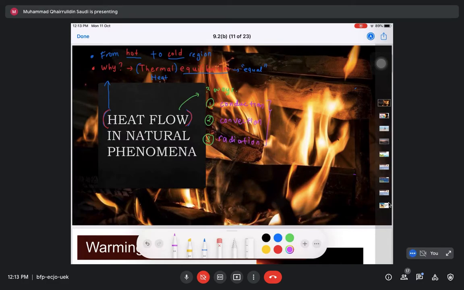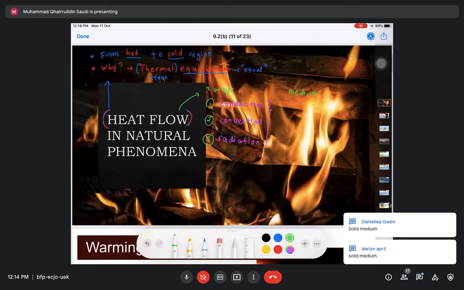It is the medium. What is the medium of transfer for conduction? Solid medium, good. How about convection? Movement of fluid. Okay, good. And fluid is?